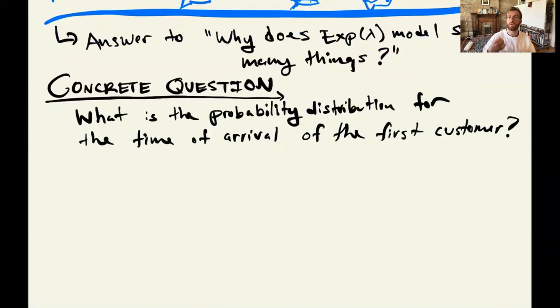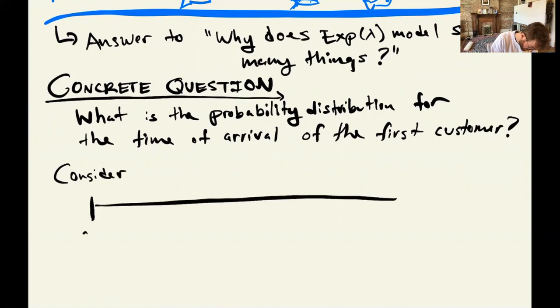So one of the important things to first get at is understanding, well, let's say I look at my day and I ask, what is the average number of customers that arrive in a day? I'm going to try to be a little more general. Let's say we have some time window. This is 0, and this is some time t.